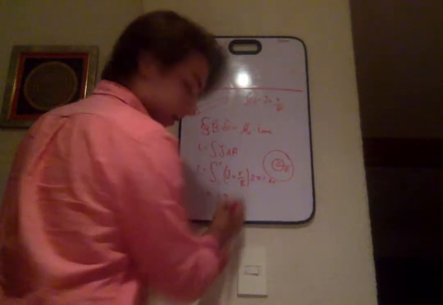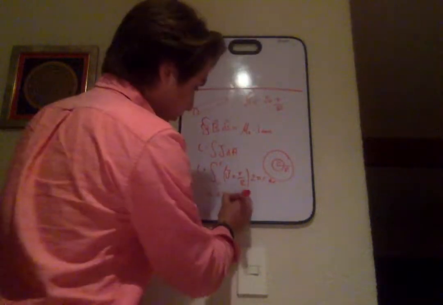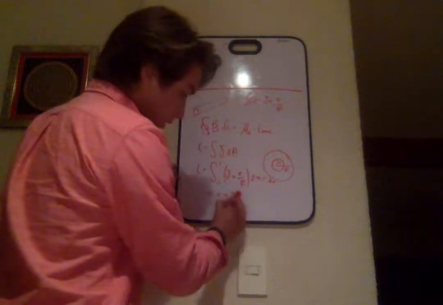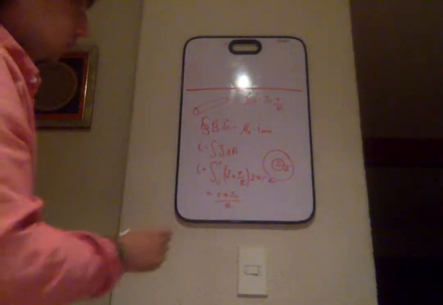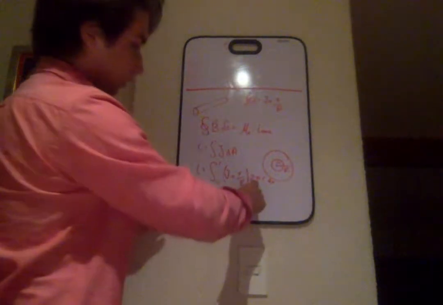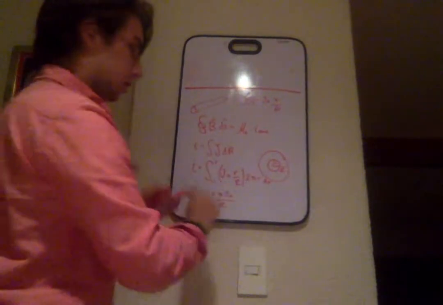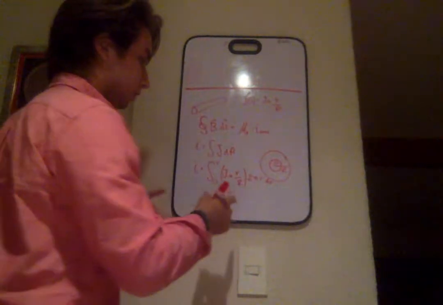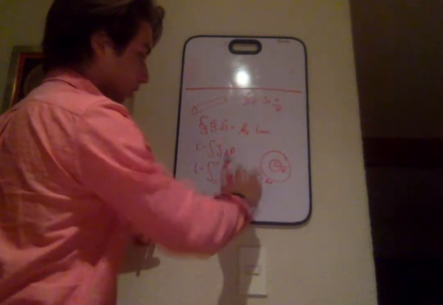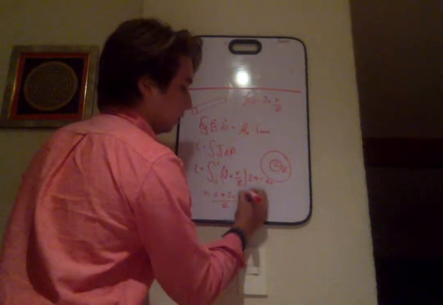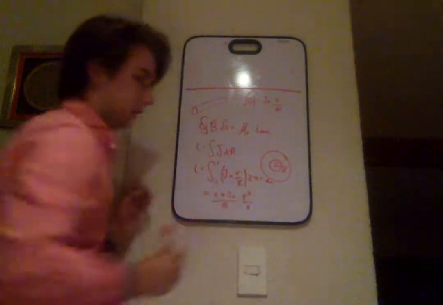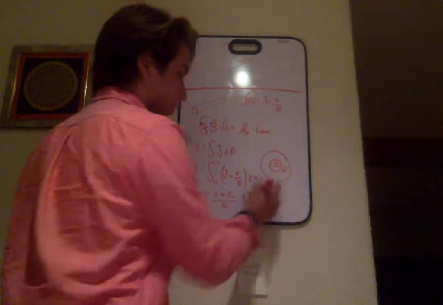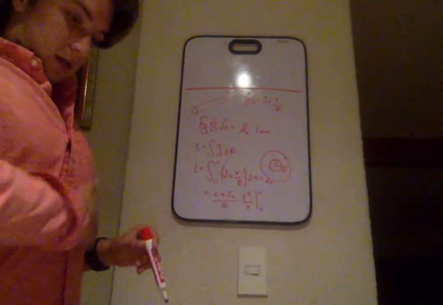That's 2 pi j0 times r, because I took outside 2 pi and r and j0, and that'll be multiplying the integral of r only, and that'll be r like that. Okay, and that'll be evaluated from 0 to r, and that's correct.